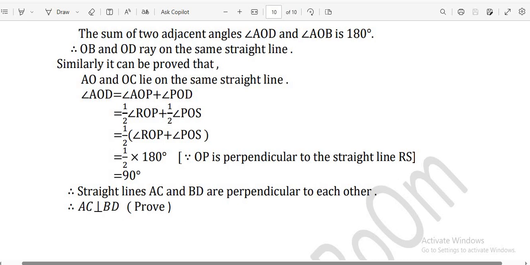The straight lines AC and BD are perpendicular to each other. Therefore AC is perpendicular to BD, proved. Since the angle is 90 degrees, it is proved that the bisectors of those angles are two perpendicular straight lines. Thank you.